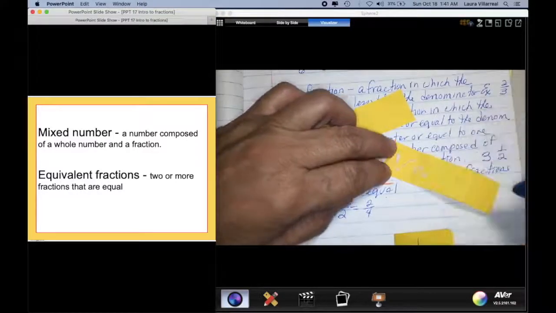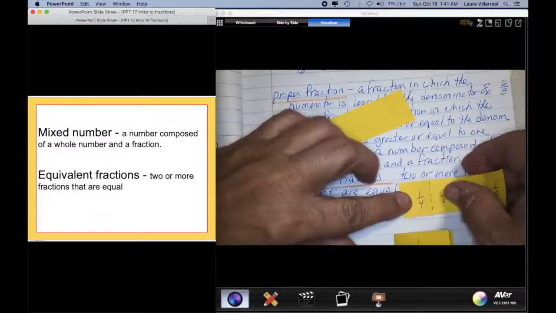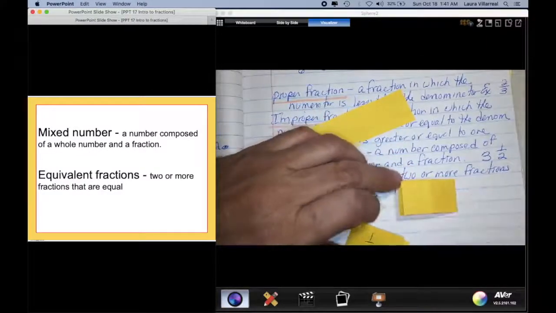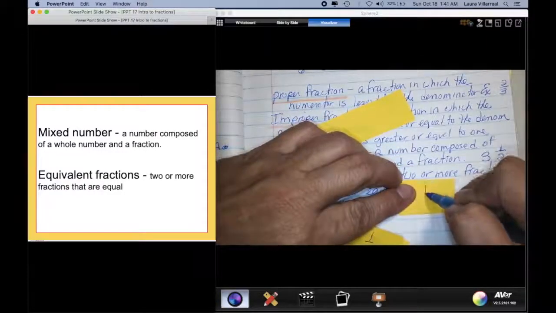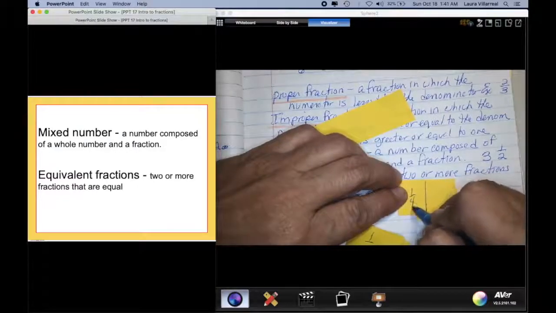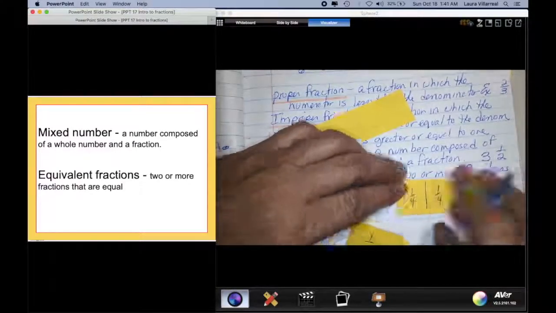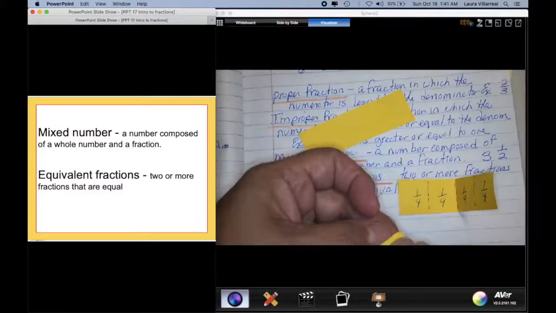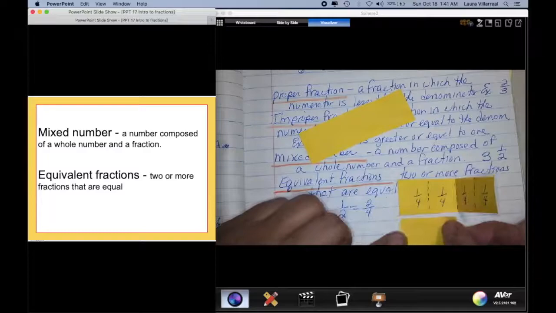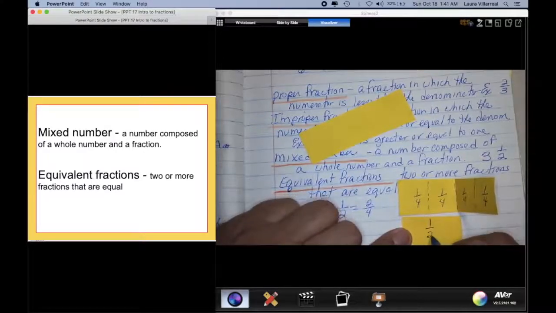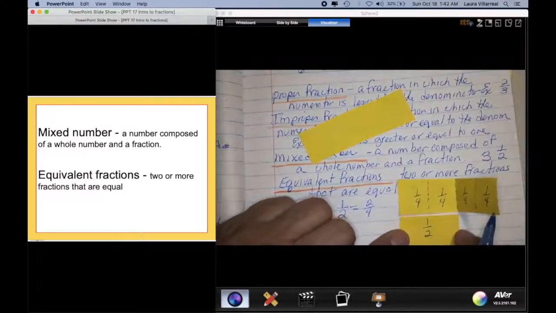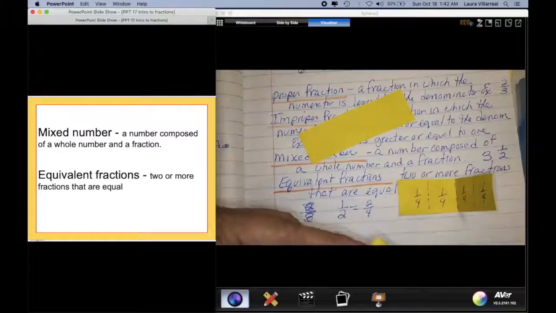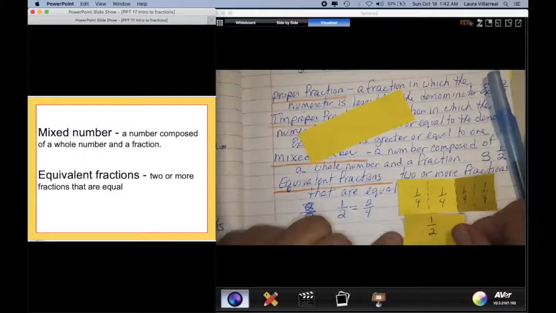I want this to be able to fold. How's that? And then my 1/2. Make sure they line up because we're trying to show the same length. As you're gluing them in your notebook, make sure they are equal in length and that they line up.